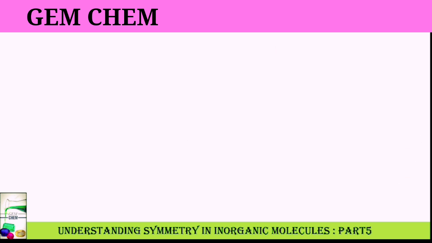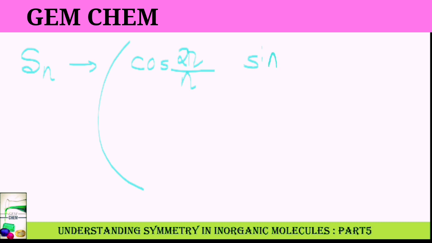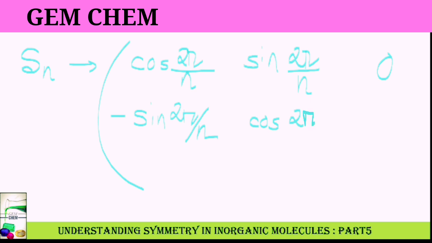And when we are considering the general matrix for Sn axis, it will be cos 2 pi by n, next we have sine 2 pi by n, 0, minus sine 2 pi by n, cos 2 pi by n, 0, 0, 0, minus 1.